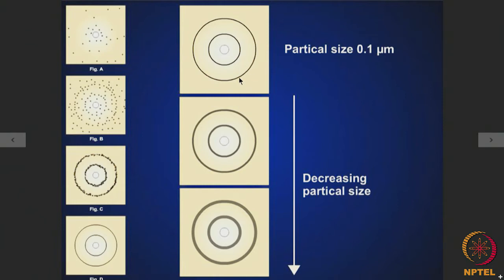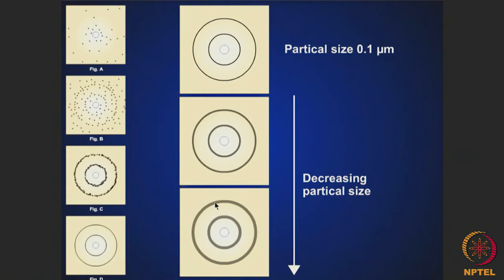As you can see here, the Debye lines form exactly at the same locations, but the width of the lines is somewhat more than in this case. As the particle size decreases further, the width of the lines becomes more and more. So, there is a perceptible line broadening which is observed as the particle size decreases further and further.